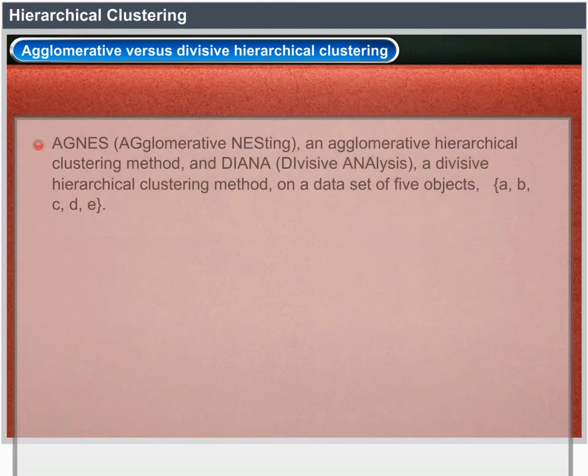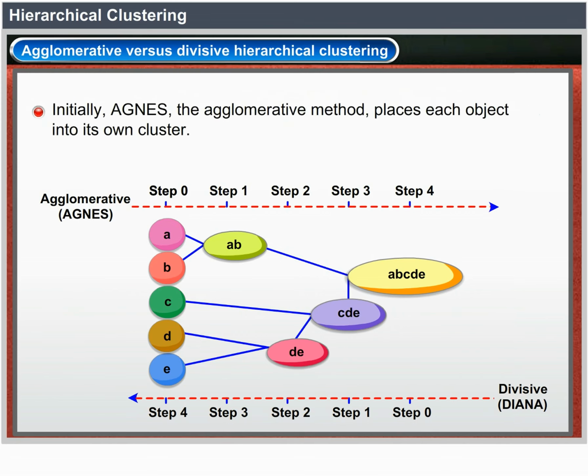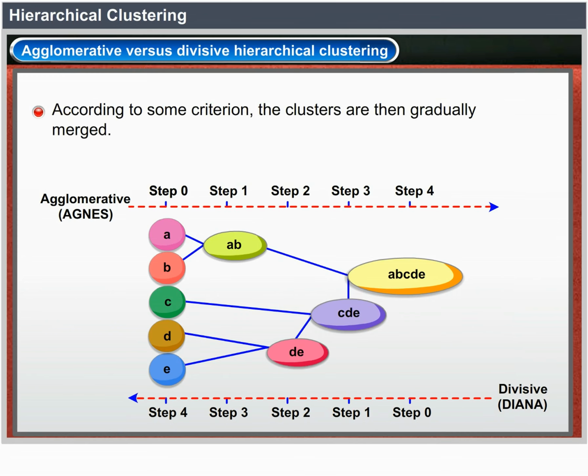Consider Agnes, agglomerative nesting, an agglomerative hierarchical clustering method, and Diana, divisive analysis, a divisive hierarchical clustering method, on a dataset of 5 objects A, B, C, D, and E. Initially, Agnes, the agglomerative method, places each object into a cluster of its own. The clusters are then merged step by step according to some criterion.